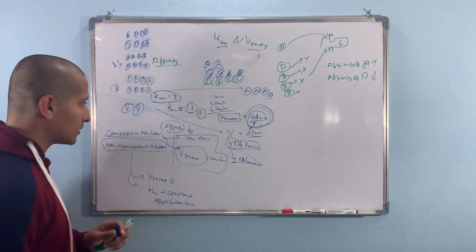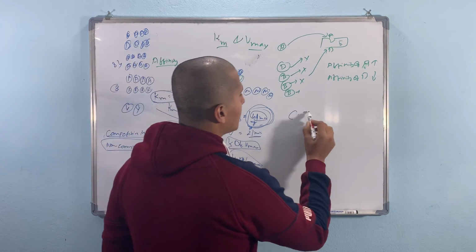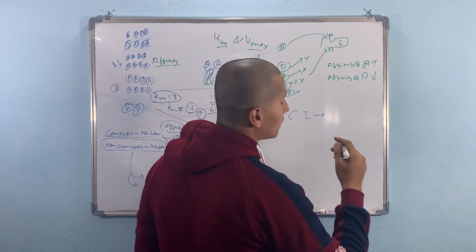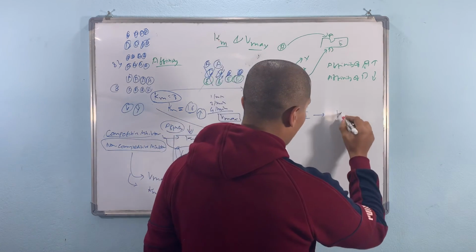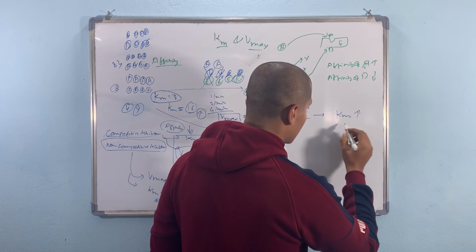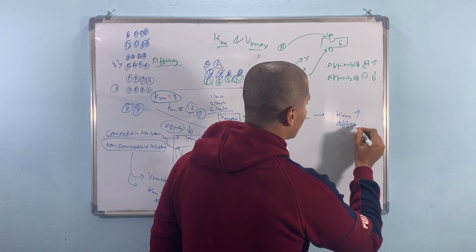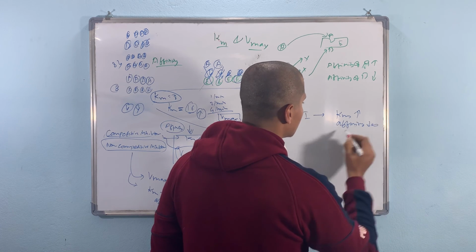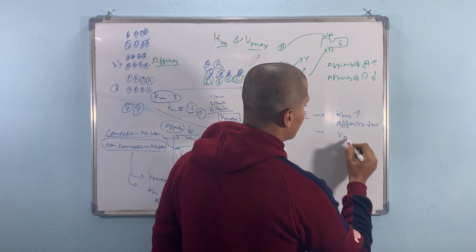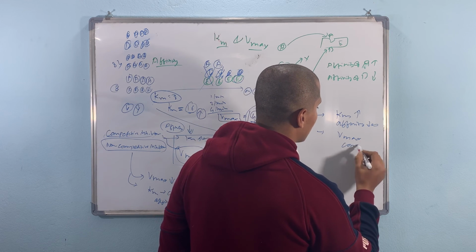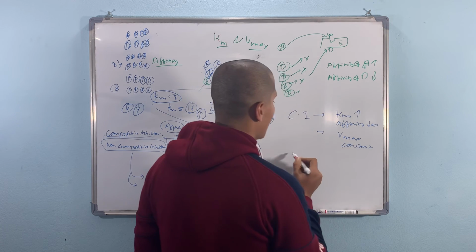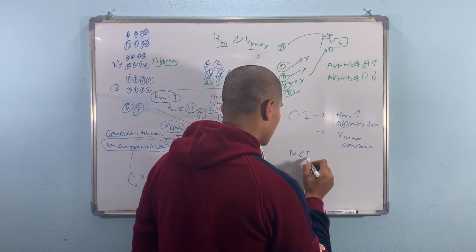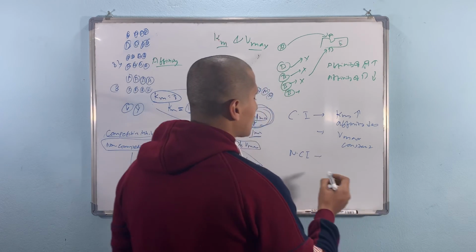So our gist is competitive inhibitor. If we add competitive inhibitor, Km increases. That means affinity decreases. And what happens to the Vmax? Vmax remains constant. And what happens with the non-competitive inhibitor?